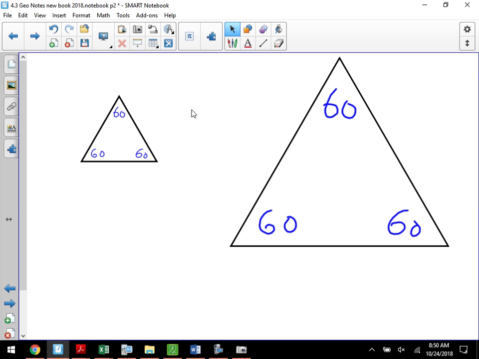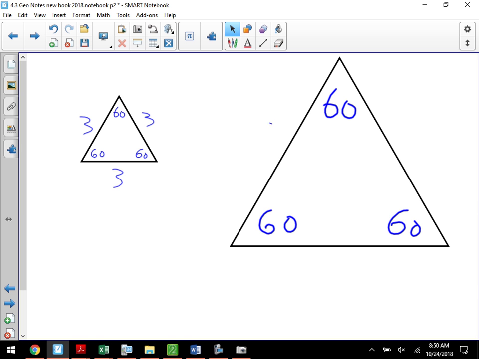That's where you get what's called similarity between triangles. When the angles are all congruent, the sides aren't. If the sides are proportional, then they're similar. Between two equilateral triangles, they will always be similar because your angles always match up and the sides will always be proportional. So if this side length here was 3, that means all of these are 3s.